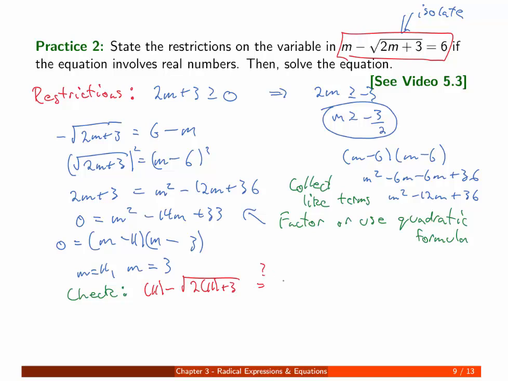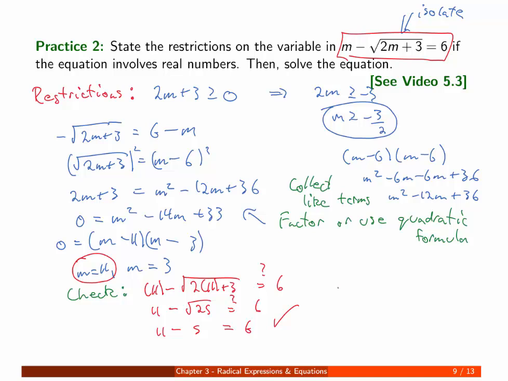The question is, does this equal 6? Well, you're going to have 11 minus the square root of 22 plus 3 is 25, so it's going to be square root 25. And does that equal 6? Oh yes, 11 minus 5 definitely equals 6. So that one works.